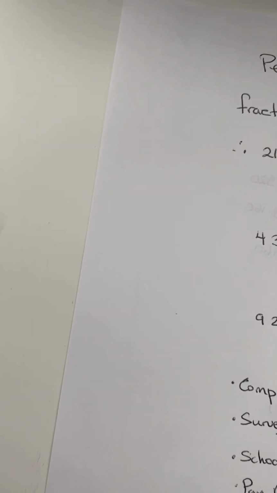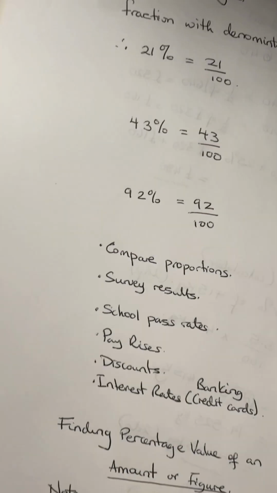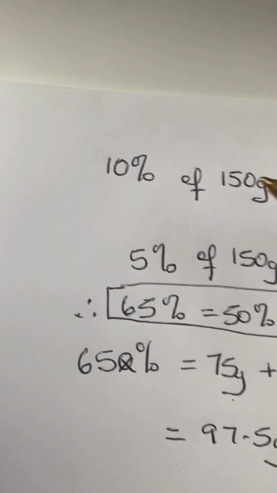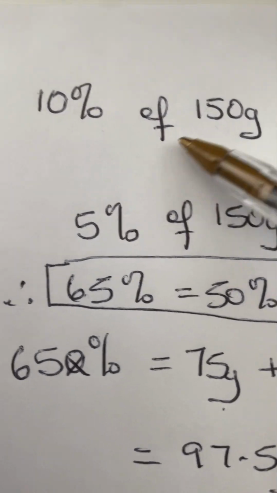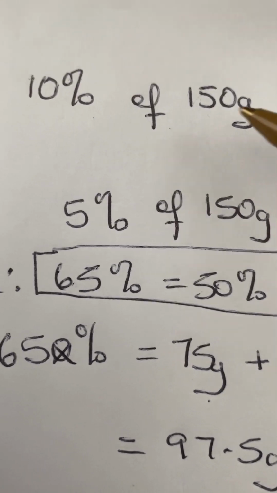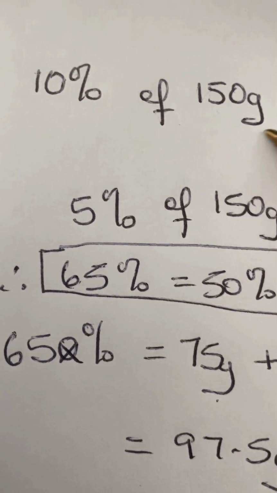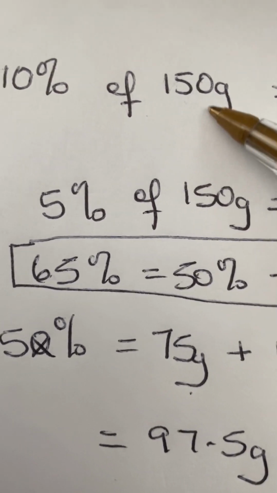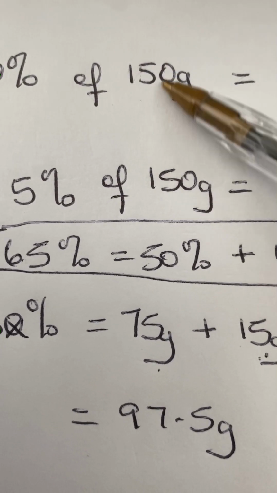The next one, we are going to look at 10% of 150 grams. 10% on 150 grams is 1/10 of that.